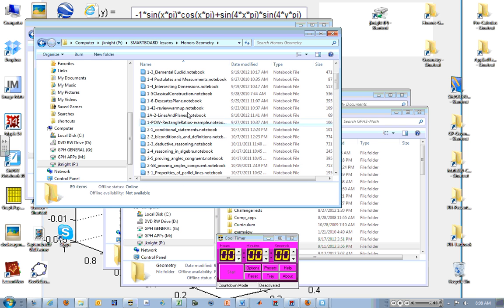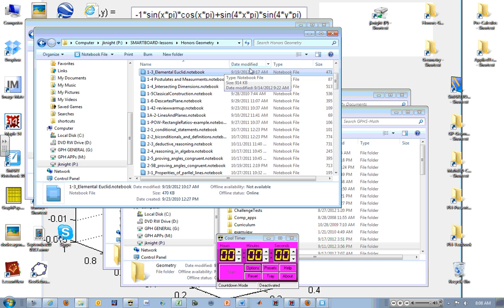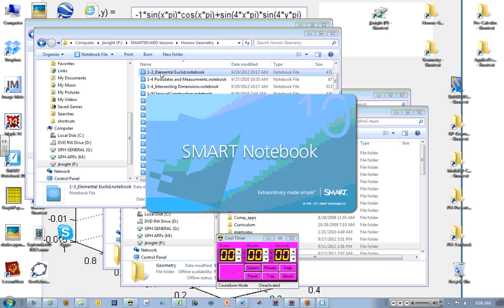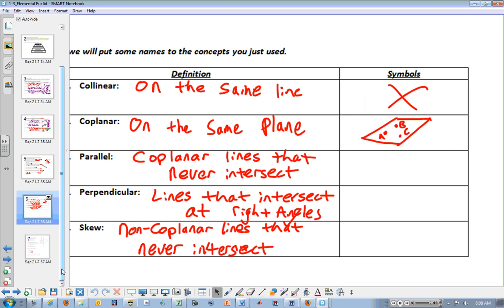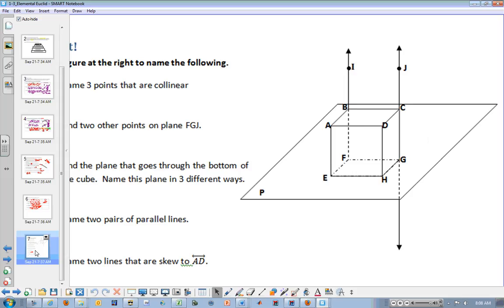What's the Mandelbrot? It's a fractal. Fractal? Fractal. Okay, we're going to go kind of quick here so we can have time to get on to some stuff.